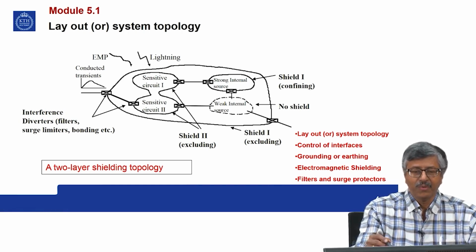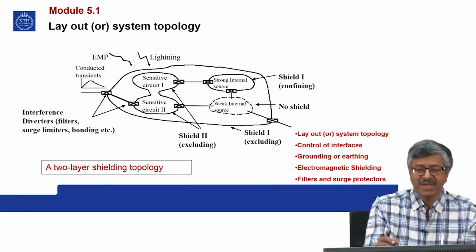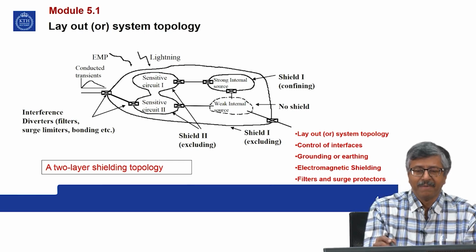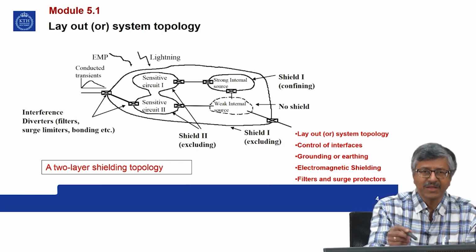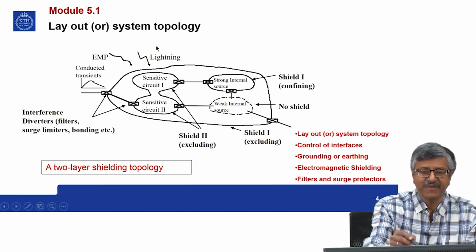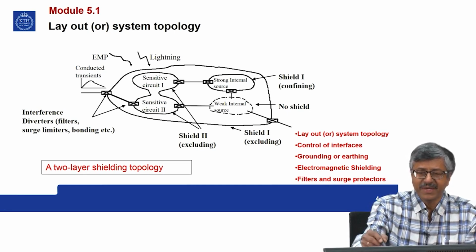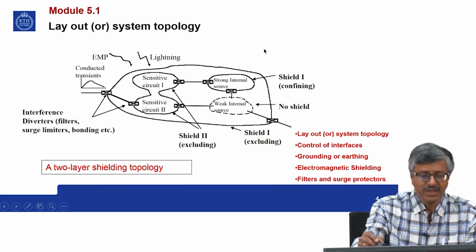Now how do we use the system topological approach? What this means is that depending upon the strength of E field, B field and other currents, you divide your whole space into different areas. Say for example, outside of this, you can say that it is one zone.